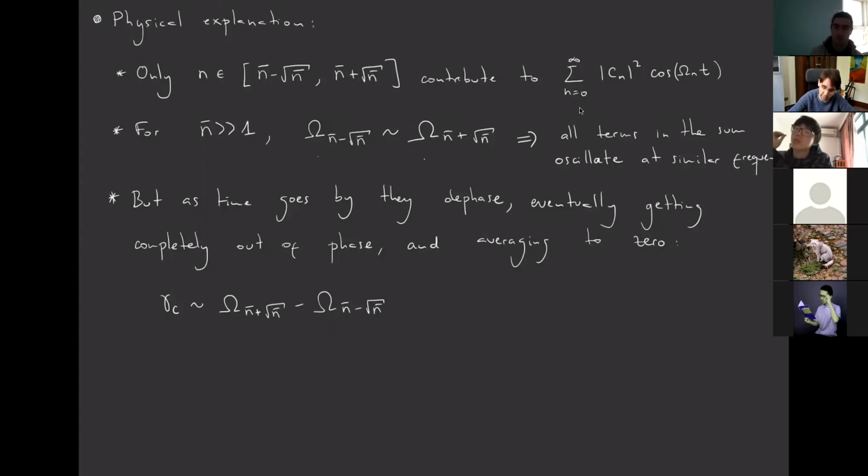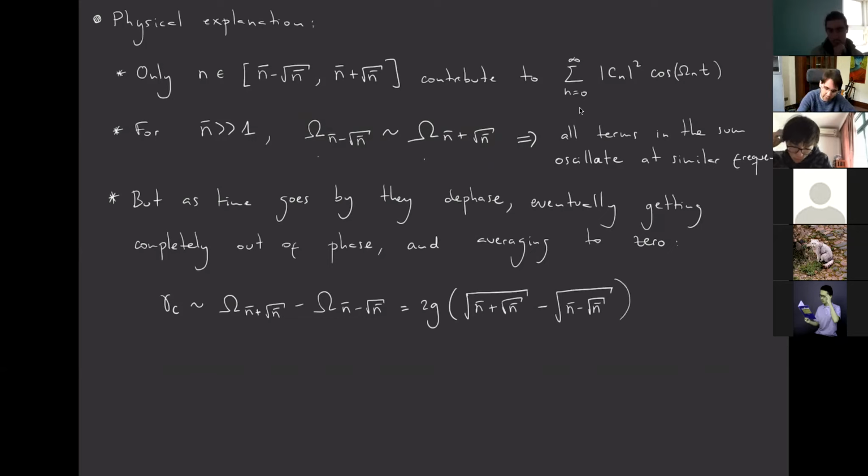And this quantity, using a Taylor series expansion of the square roots of n around these values, you can write in the following way. The frequency at a number n plus the square root of n is equal to this quantity here, and the other one is equal to this quantity here.